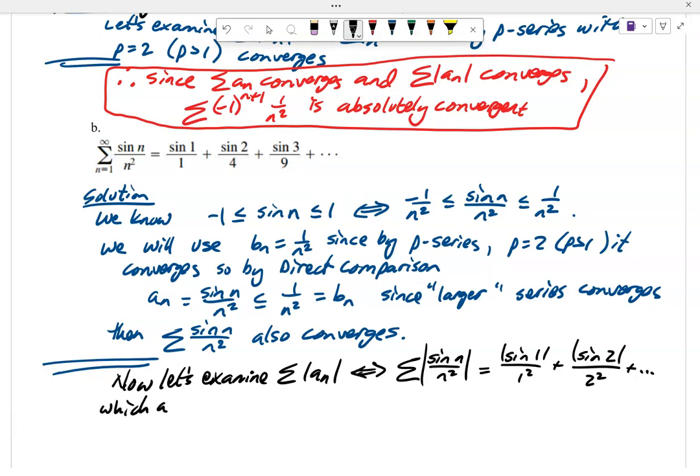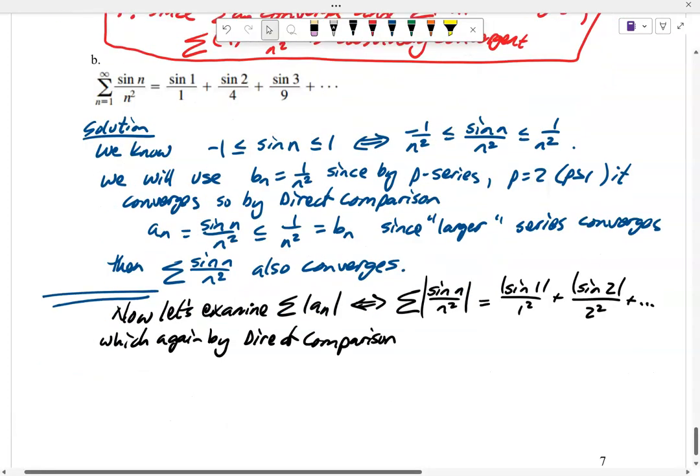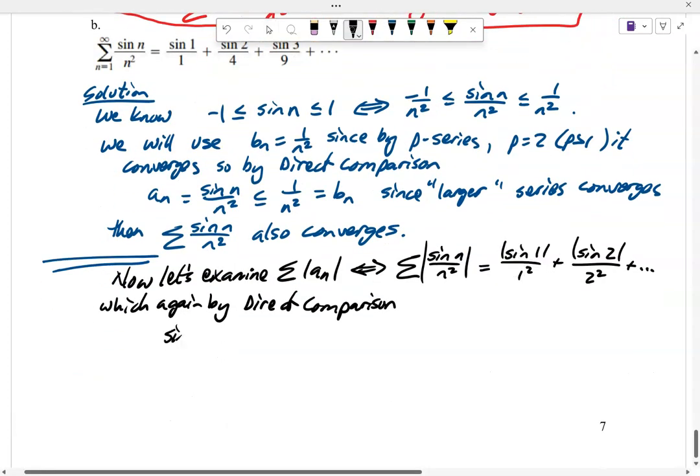Which, again, by direct comparison, the absolute value of sine of n is going to be less than or equal to 1.